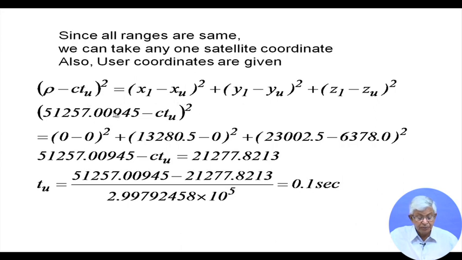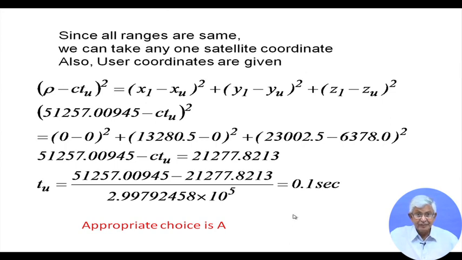Putting these values, there are a lot of zeros since it is at the north pole. So, you will find that t u comes out to be 0.1 second by just putting these numbers, which is our option A. So, though numbers look very large, actually the calculation method is very simple.